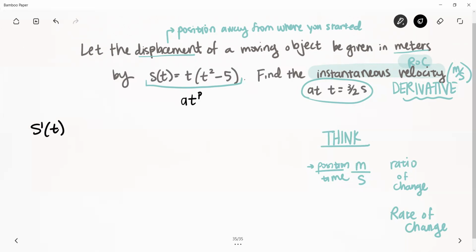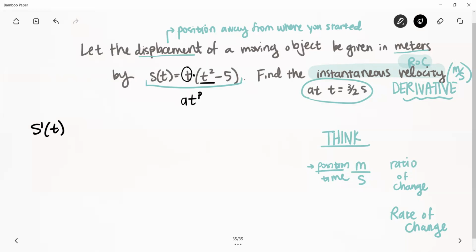Why does this not look like we have that form? Because right here, I have t times another t, right?